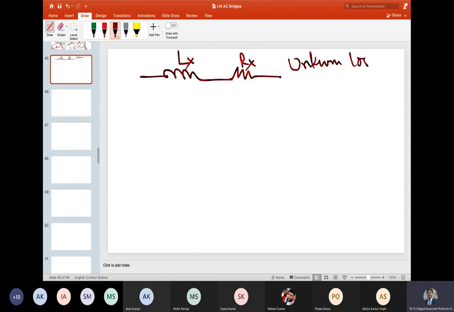Unknown lossy inductor. Okay, now I want to measure it using some bridge. So what kind of bridge?